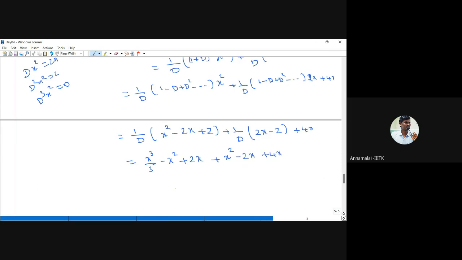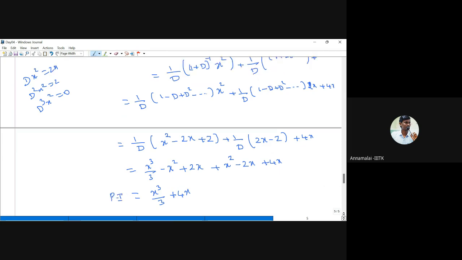That's it. You can simplify it. So x cube by 3, x square cancels, 2x cancels, we get 4x. So this is x cube by 3 plus 4x, the particular integral of this one.